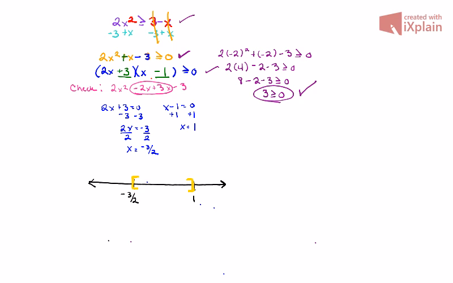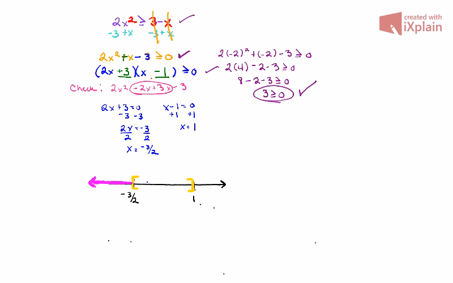So I'm going to go ahead and shade this part of the number line. So what I've been told is a truth. So all the other values that I would pick to the left of -3 halves, that's telling me that it would be a true statement.